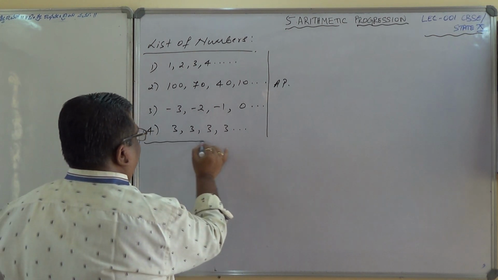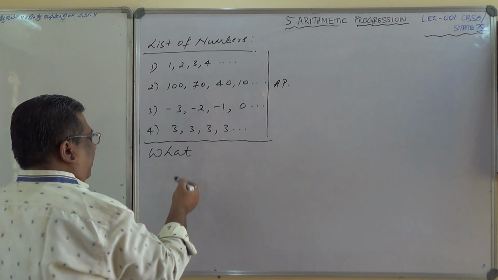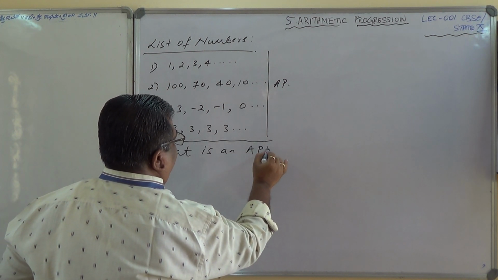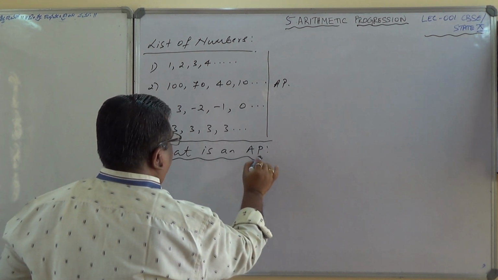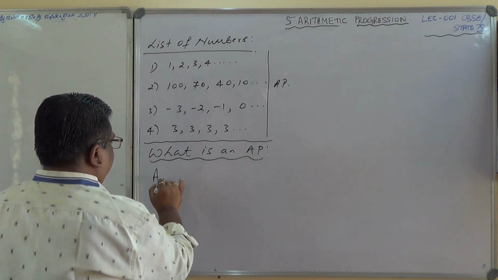First I'll write here, what is an AP? And then we'll define AP. AP means arithmetic progression. So you have to note down these things.